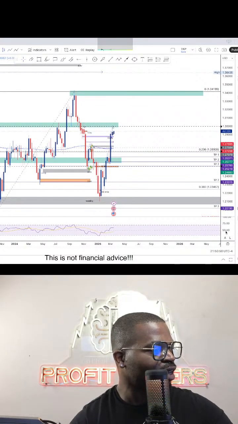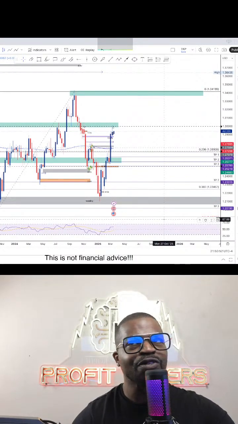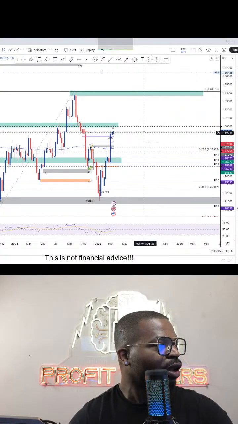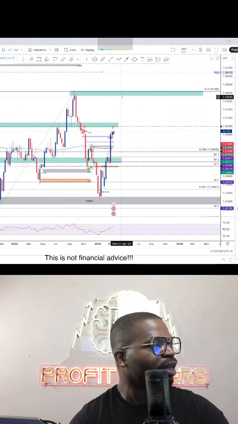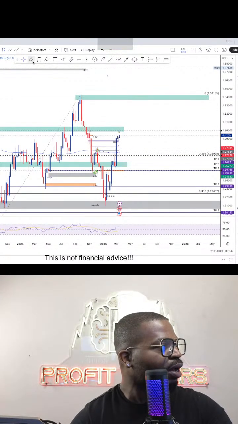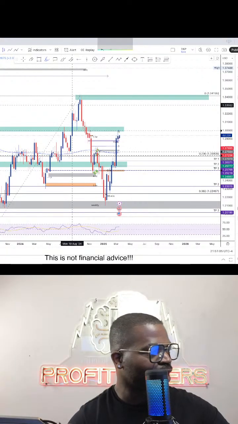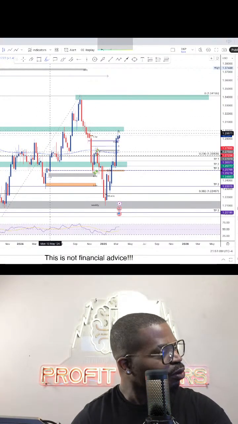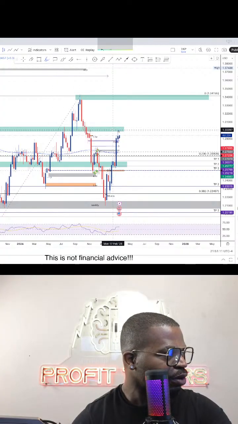Then you start fighting to get back in the trade and you forfeit the money that you made. Or you lost the trade setup and you didn't take it going in the opposite direction. So that's why we not only look at it from the higher time frame so we can see the major trend, but we identify these major levels so we know where price is most likely to go.